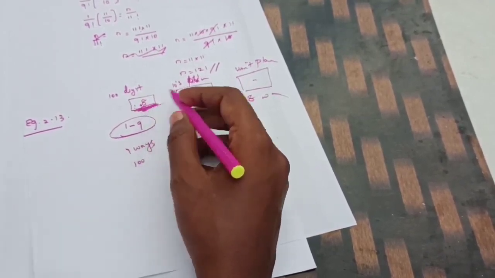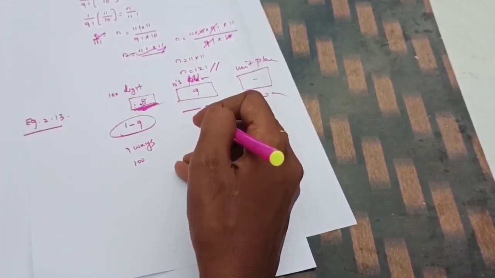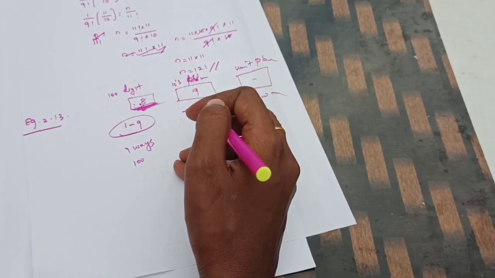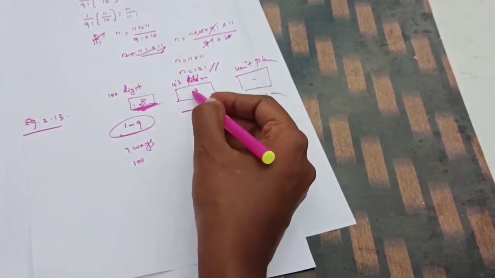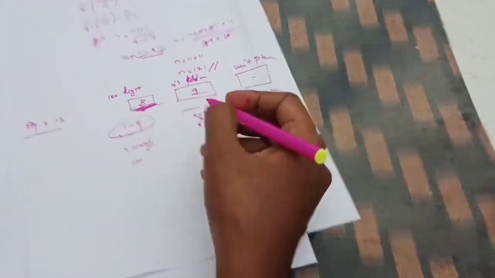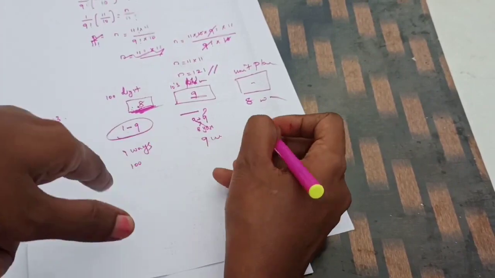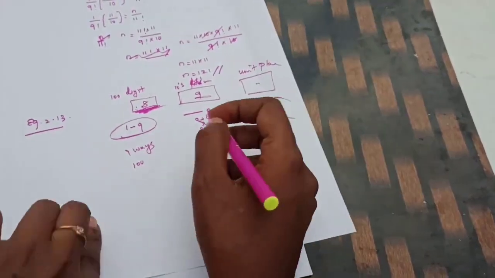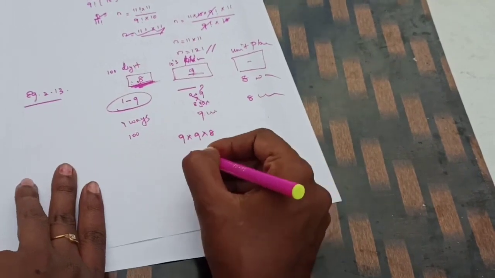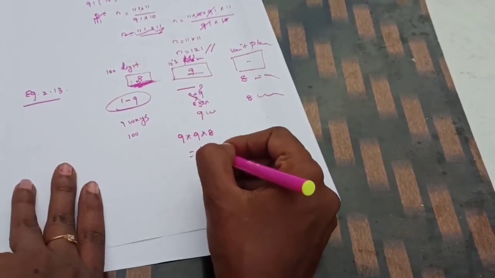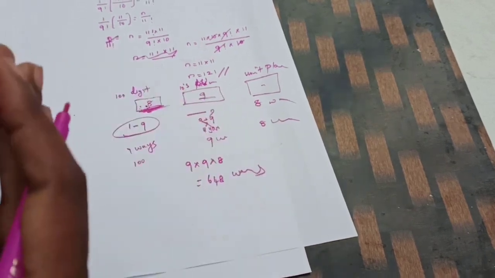The remaining numbers, including 0 in the tens place, are 9 ways. So the remaining 8 ways are there for the unit place. For multiplication, 9 into 9 into 8. 9 nines are 81, 81 into 8 means 648. Got it? You just need to understand, that's all.